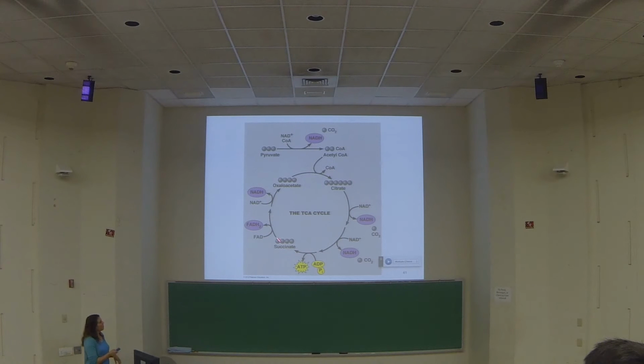Then we go through a series of molecular rearrangements and enzymatic reactions where we strip off a carbon dioxide, and another carbon dioxide, so that we're back to a 4-carbon molecule. In the end, it's a cycle because we end up where we started, with that same oxaloacetate that we combined with our acetyl-CoA to start the process.